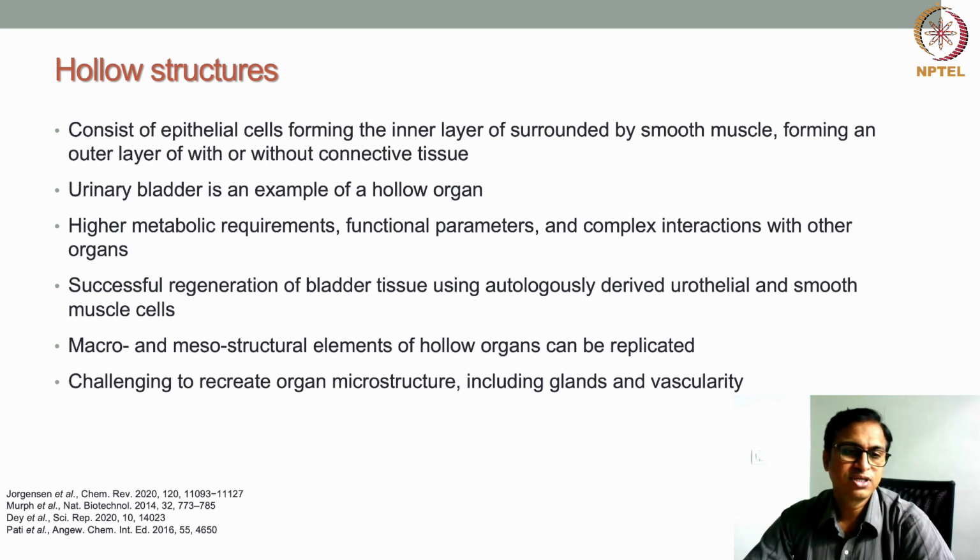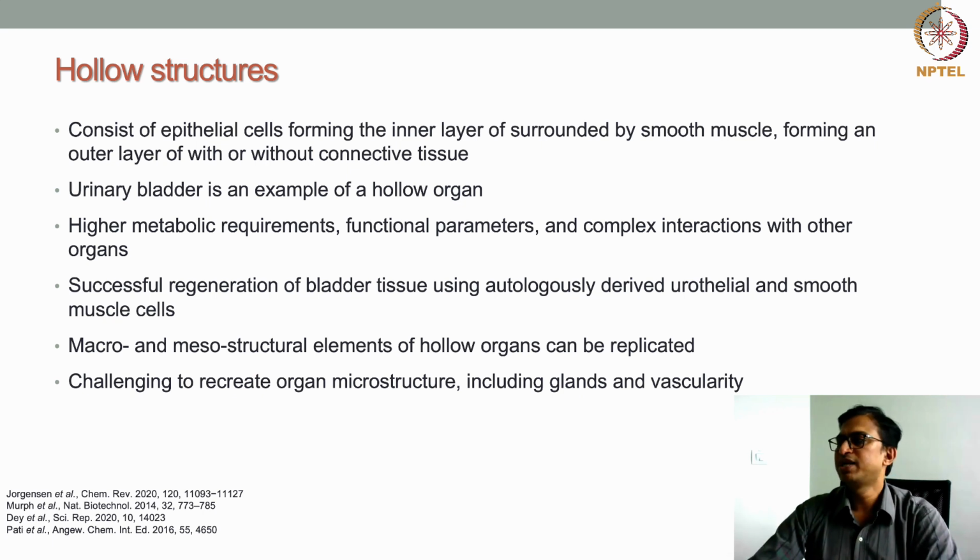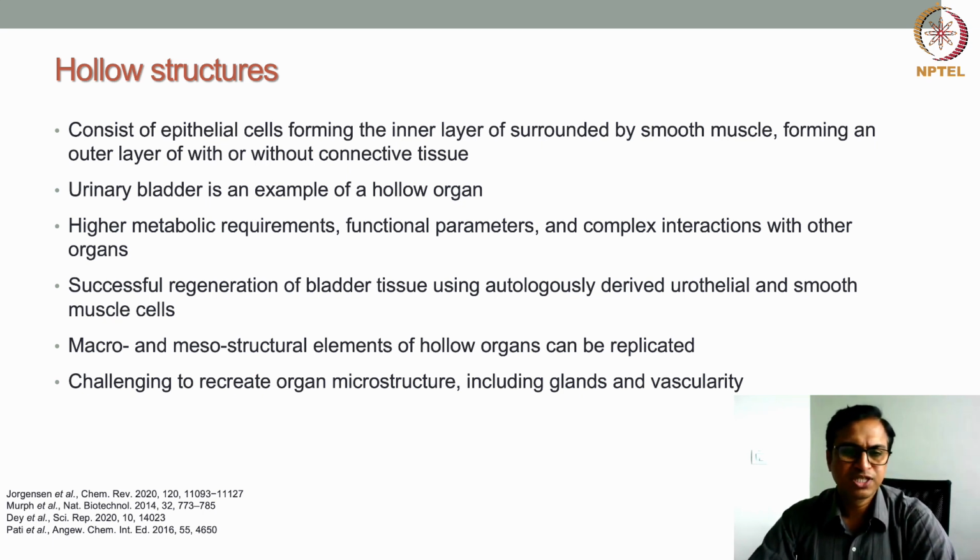There is a success story where Dr. Anthony Atala from the Wake Forest Institute of Regenerative Medicine and his group developed strategies by which they generated an artificial urinary bladder, then seeded it with the patients' own urothelial and smooth muscle cells, and implanted it into the patients, and the patients are doing perfectly fine.